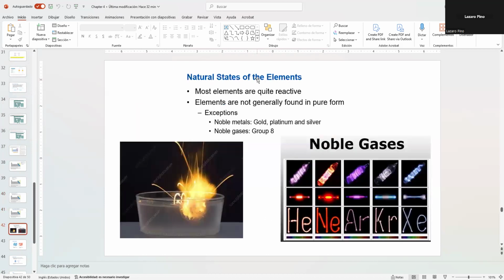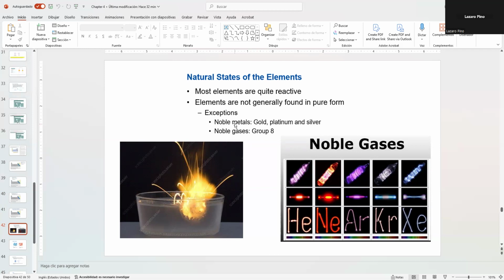The natural states of the elements, well, most of the elements are quite reactive. For example, sodium, in presence of water, is very reactive, produce light and heat. And there are some elements that are not reactive.